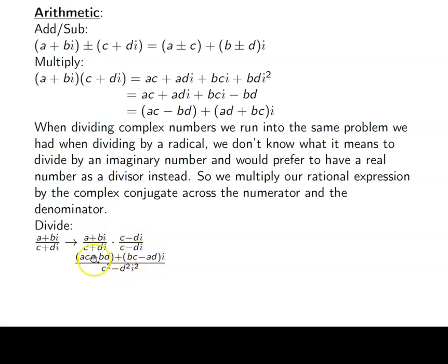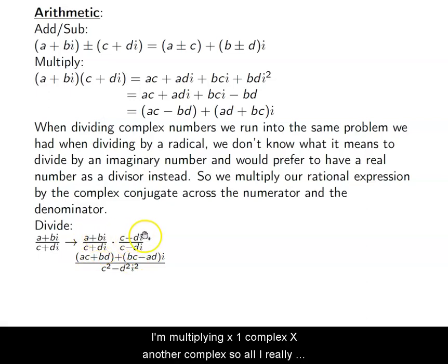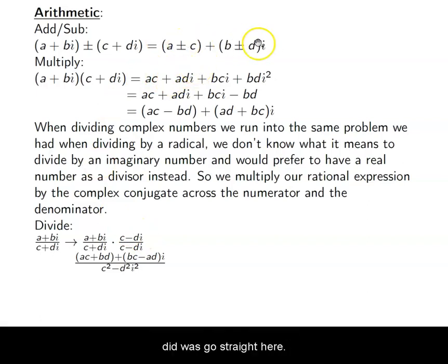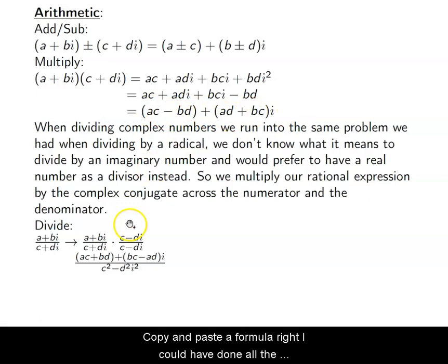The numerator, I'm multiplying times one complex times another complex. So all I really did was go straight here, right? Copy and paste the formula, right? I could have done all the work, but I've already done all the work for what it means to multiply 2 complex numbers. So it looks like this. I went straight here and just, boom, copied the same thing, okay?